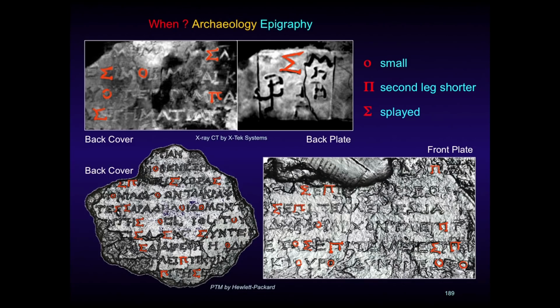They notice things like the omicrons are all small, the pies tend to have their second leg shorter than the first, and the top and bottom strokes of the sigmas are splayed. Now, I have to say this process is a bit more an art than a science, and different epigraphers disagree.